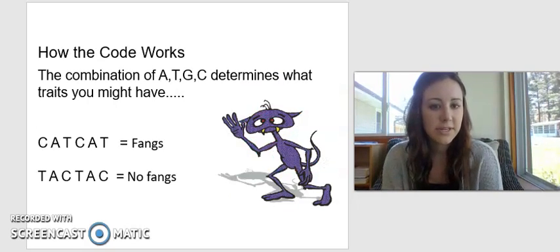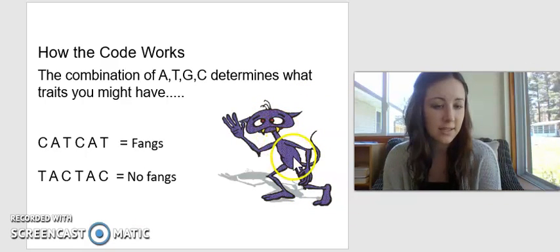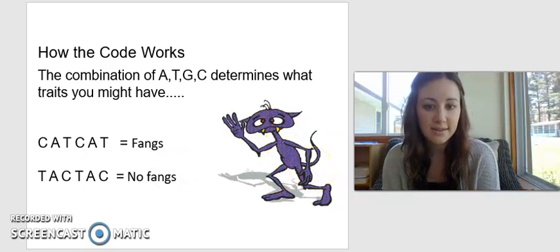Now, whatever combination of A's, T's, G's, and C's you have in your DNA, that's going to determine what trait you might have. For example, CAT, if that codes for a protein that makes some sort of organism like this alien monster thing here have fangs, then that determines if it does or does not have fangs.